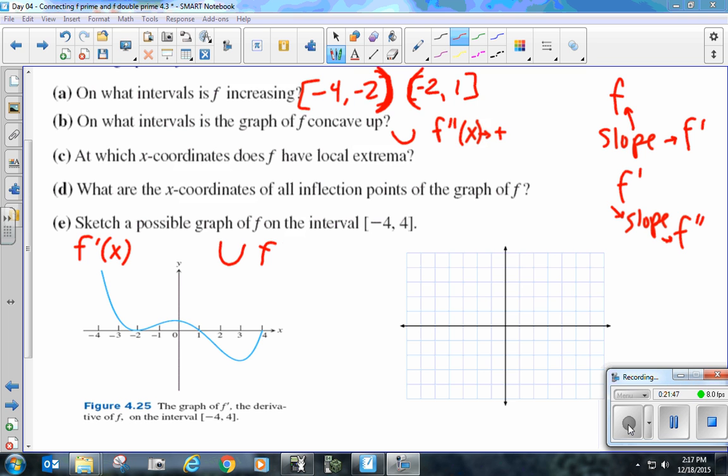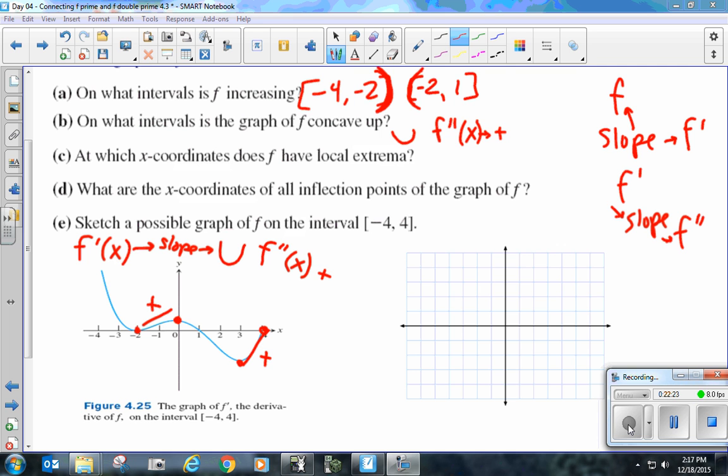That's where the second derivative is positive. That means they want to know where the slope of the first derivative is positive. I'm not looking above the x-axis anymore, I'm looking at the slope of that. Where is the slope positive? From here? No, that's negative. So from -2 to 0, it looks like that's a positive slope. And where else? From maybe 3 to 4, that's a positive slope. You see what I'm saying?